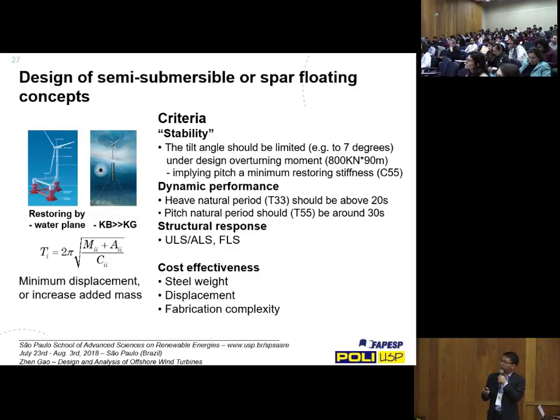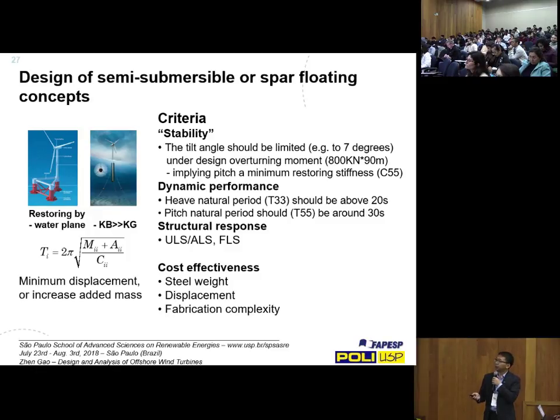And this overturning moment has to be balanced with the stability of the system. And then we also typically design the natural period of heel and pitch motion about 20 to 30 seconds. In that case, we avoid the direct excitation from the first order wave loads.